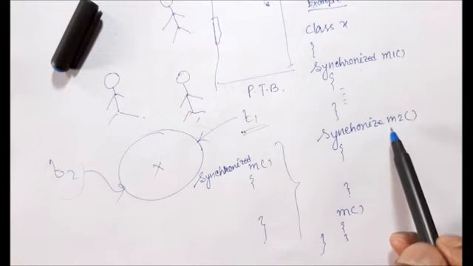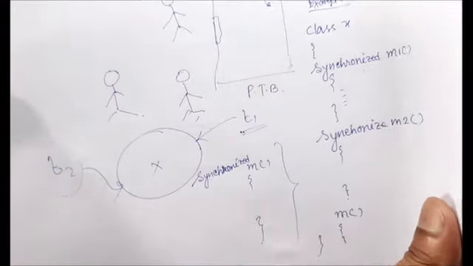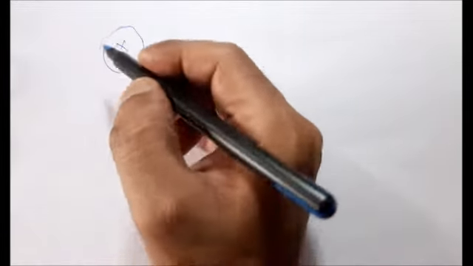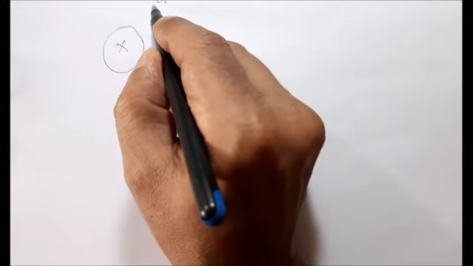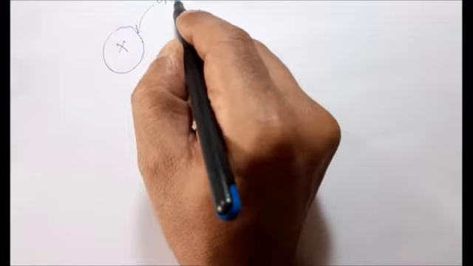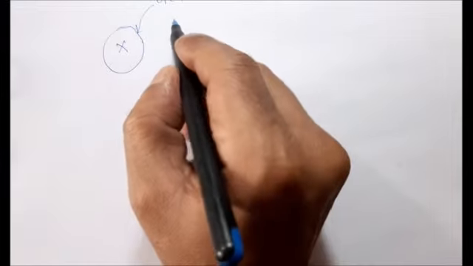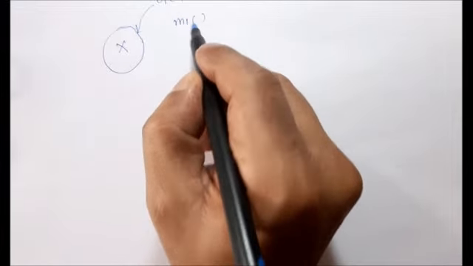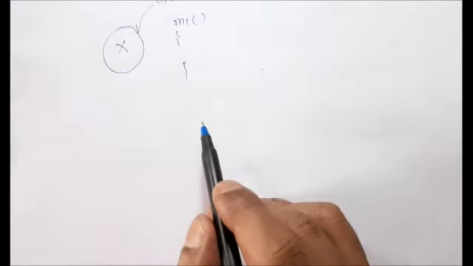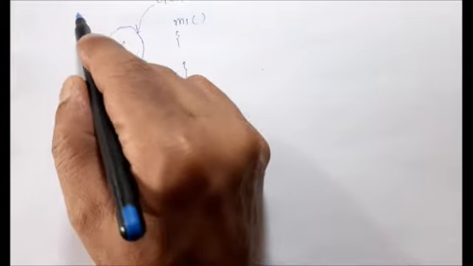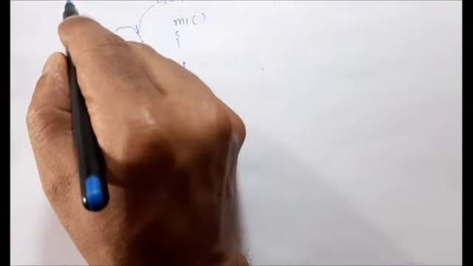Suppose we have an object X. If T1 is my thread, it has acquired the lock of this object and wants to execute the M1 method, which is synchronized. I have already discussed this. And some other thread at the same time wants to access this object.